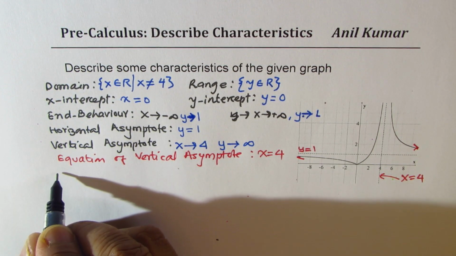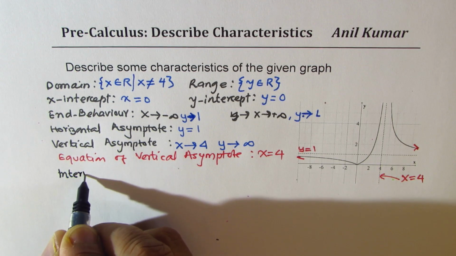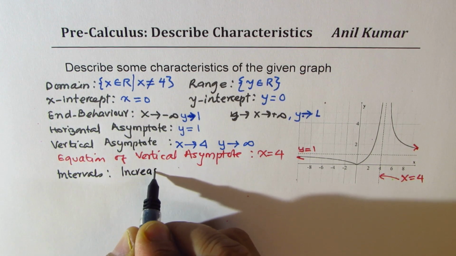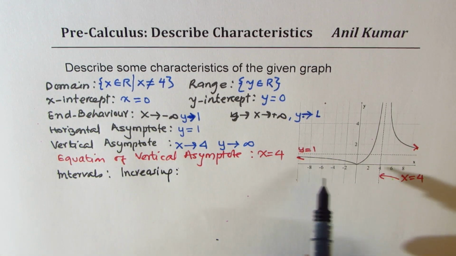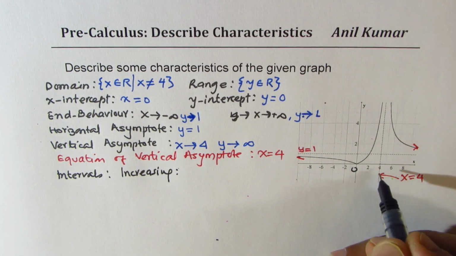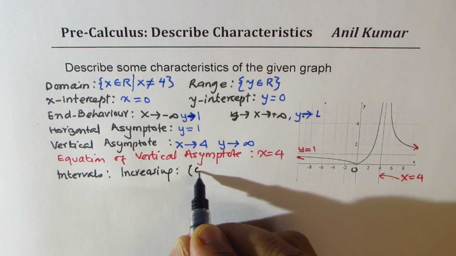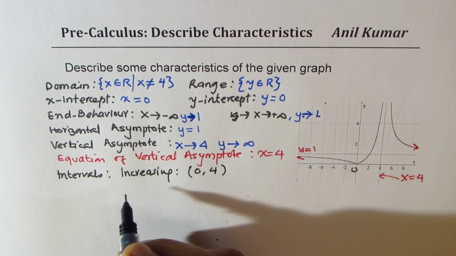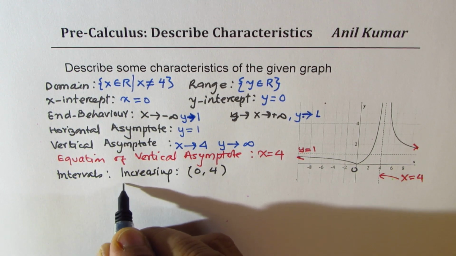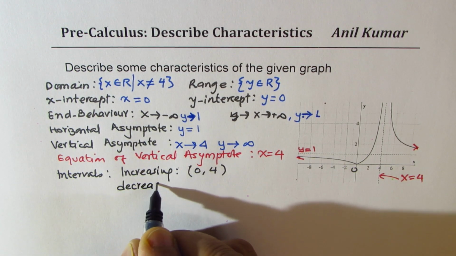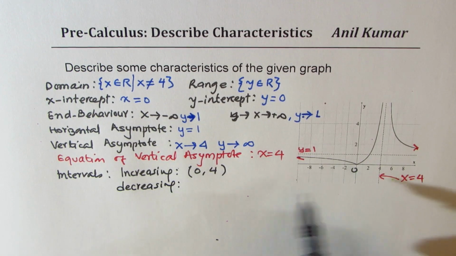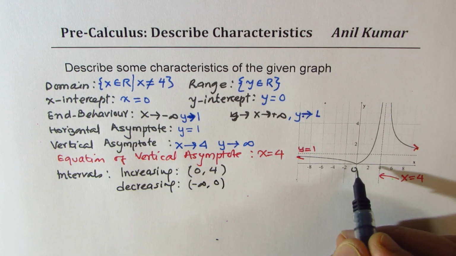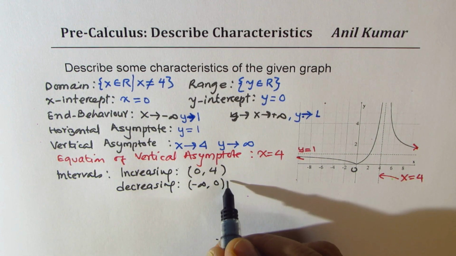So let's now do intervals. So first one, increasing. It is increasing from 0 to 4, right? So it is increasing from 0 to 4. Decreasing. We can write here, decreasing. It is decreasing from negative infinity to 0 and then from 4 to positive infinity.